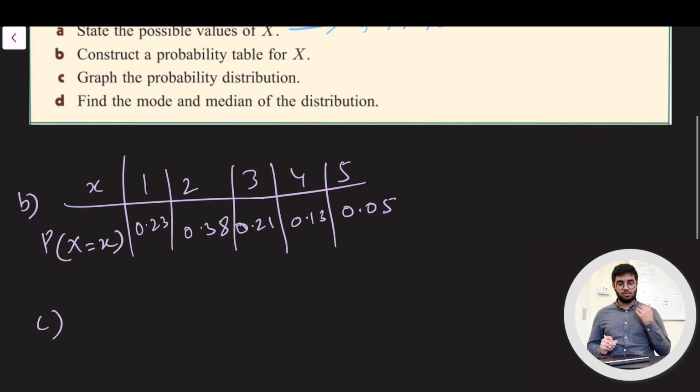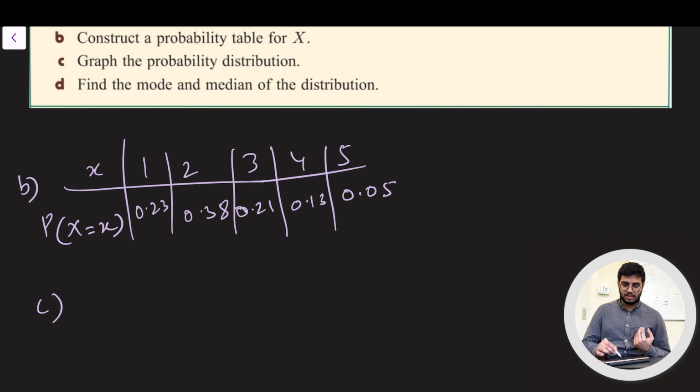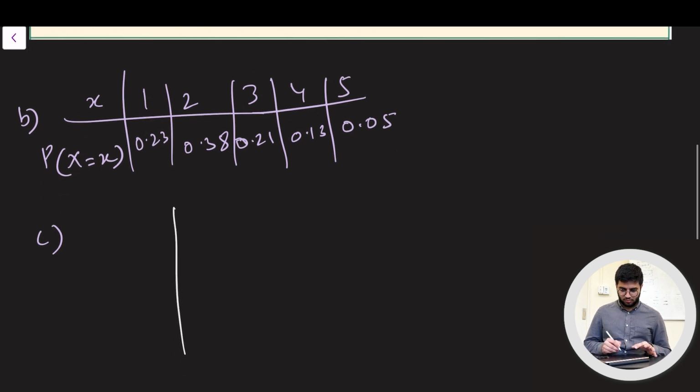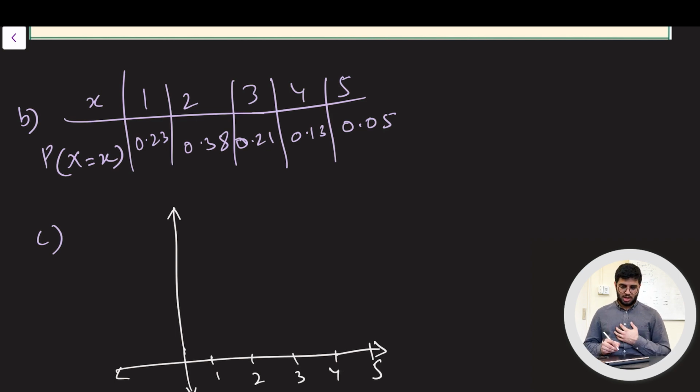And C, graph the probability distribution. Now, we have not looked at that yet, but that is fine. To graph it, you essentially make a bar chart of this form, where each of the points on the x-axis, or the horizontal axis, represents a possible outcome, and the y-axis value, or the vertical axis value, shows the probability of that outcome.